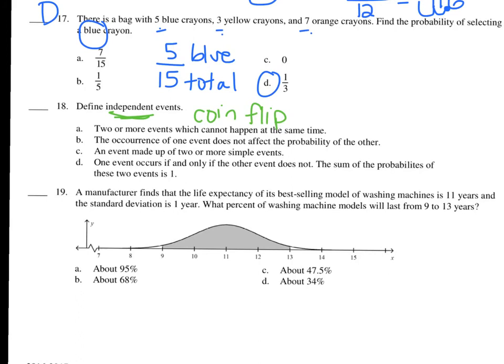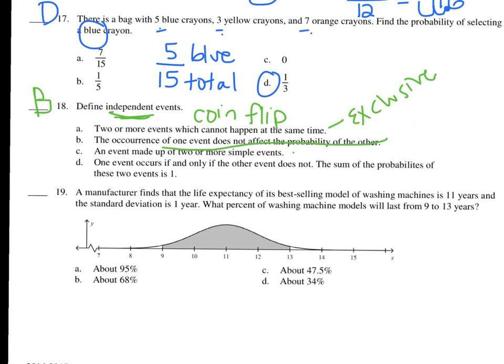So we want a definition where the probability from one event doesn't affect the probability of the other event, and that would be option B. The definition of A, in case you're confused about this, would be mutually exclusive. Letter C is the definition of a compound event, and don't worry about answer D.